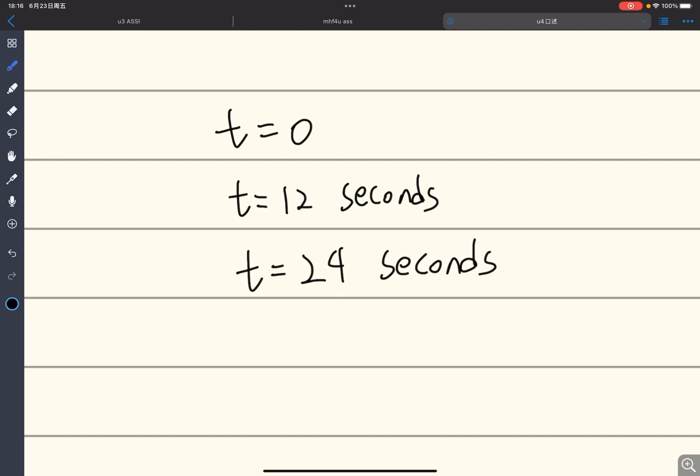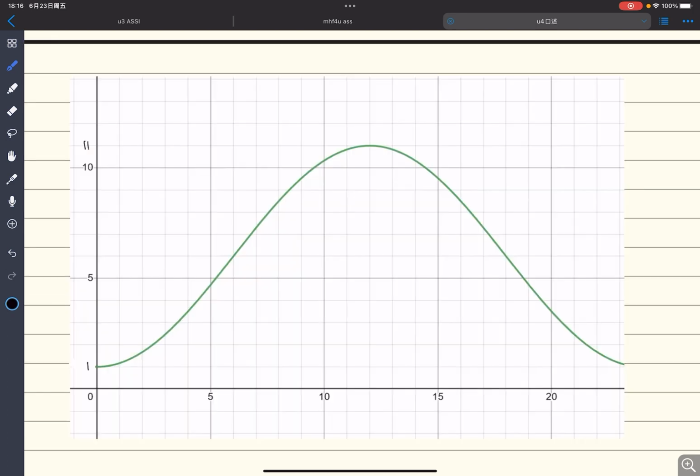The figure looks like a sine wave that starts at the lowest point, 1 meter, reaches a maximum at the top of the Ferris wheel, 11 meters. So we have this graph. The maximum is the diameter of the Ferris wheel plus the distance from the ground to the bottom of the Ferris wheel, and then it returns to the lowest point.